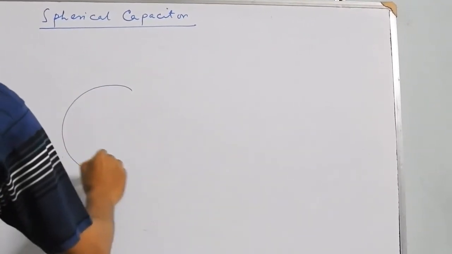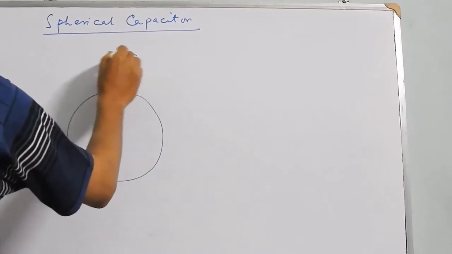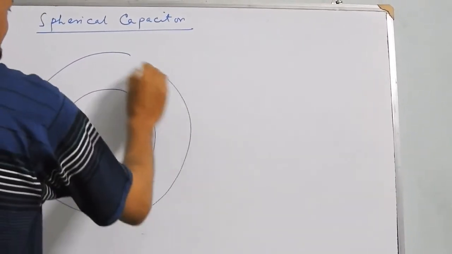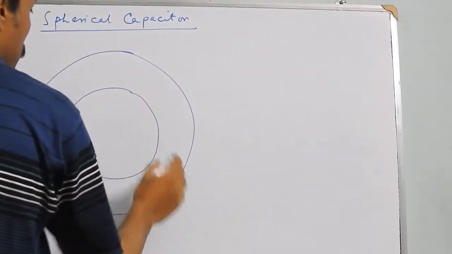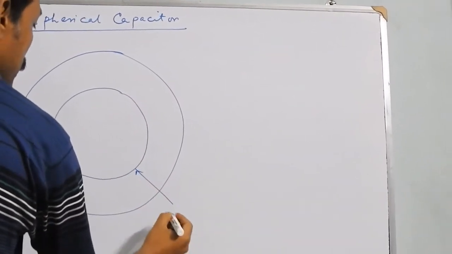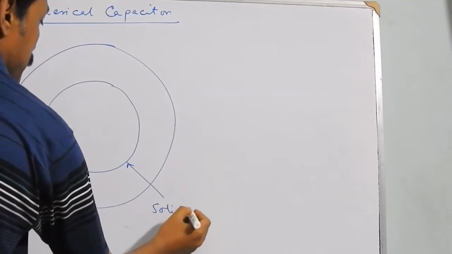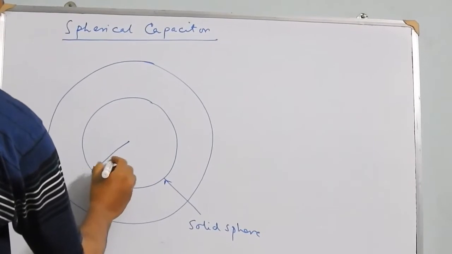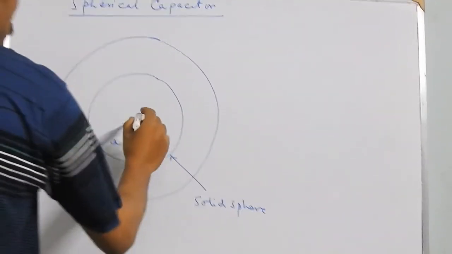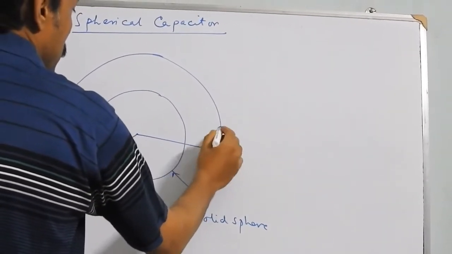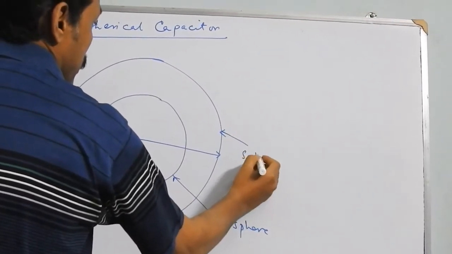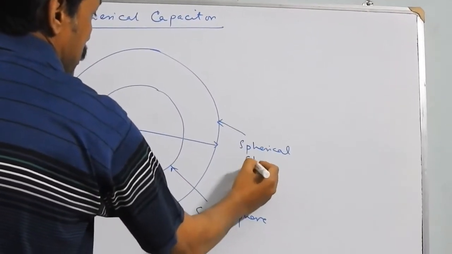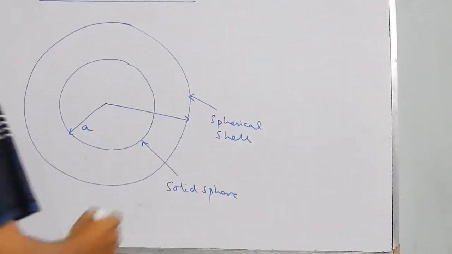The inner is a solid sphere of radius, say A, and the outer one is a spherical shell of radius, say B.